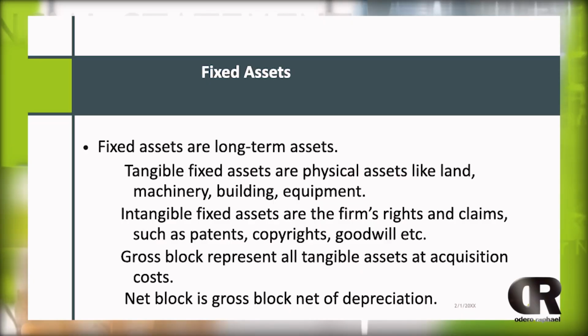Fixed assets, we have said that these are the long-term assets. These are tangible, things like machinery, buildings, and equipment. These are the assets that the directors of the farm have ownership of, and the right to use.